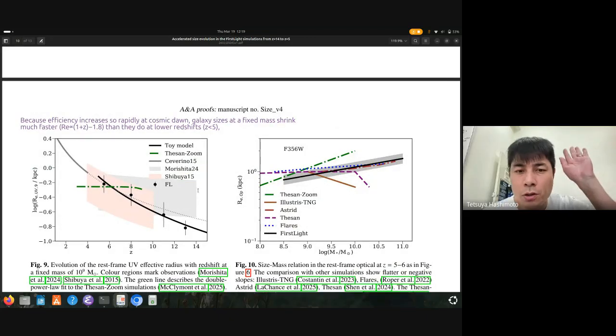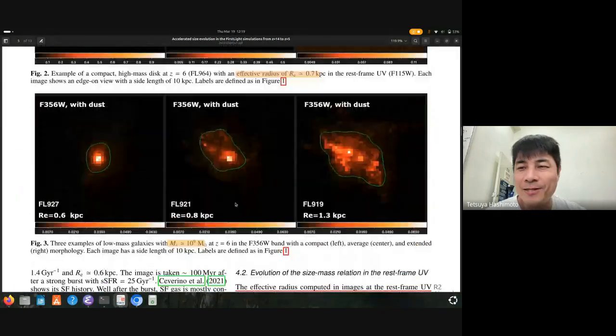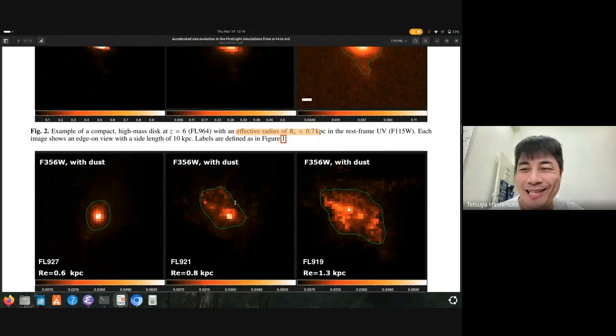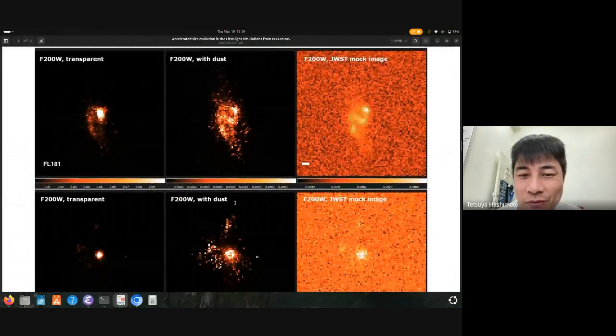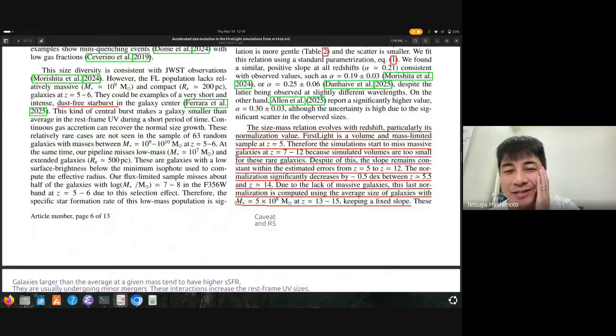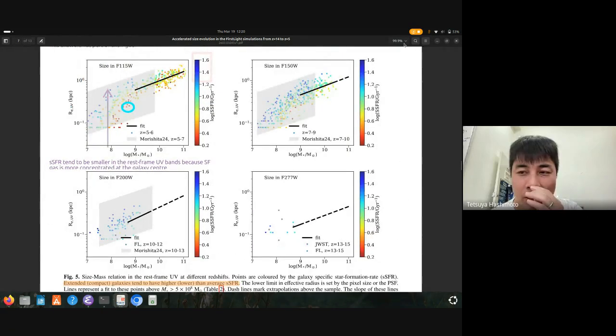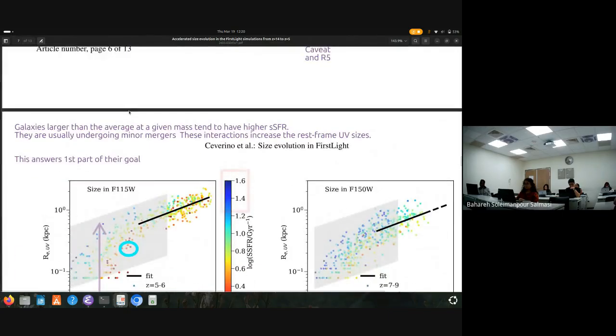Priyanka, I have a question. Thank you very much for reading this paper. In figure 5, the size mass relation evolution, I think the red-orange panel at top left is redshift 5 to 6, which is the same as your redshift range, if I remember.